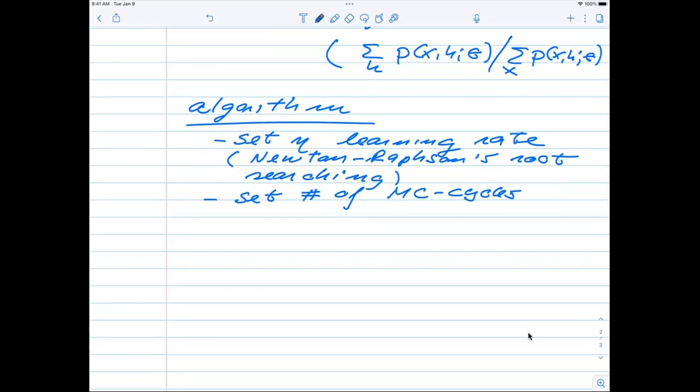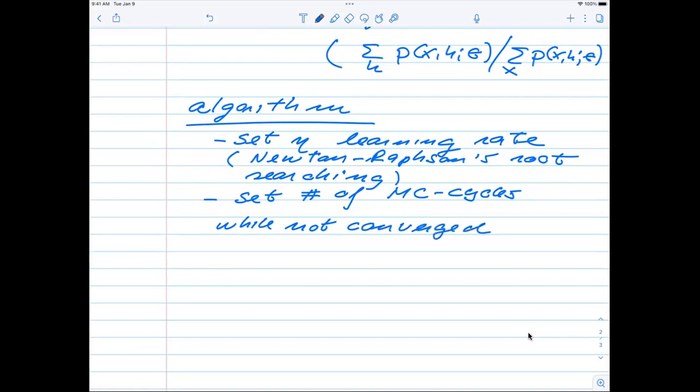And then if we want to train a restricted Boltzmann machine, which now has only one visible layer and one hidden layer, what we will do is set up an iterative scheme where we simply write while not converged. The convergence criterion here is driving these gradients as close to 0 as we can.